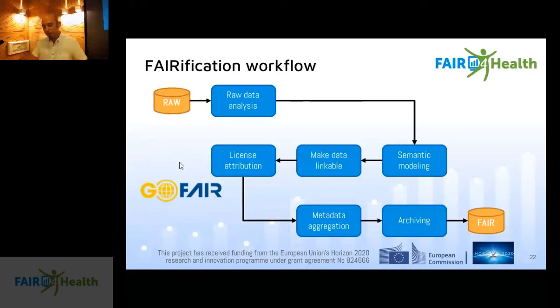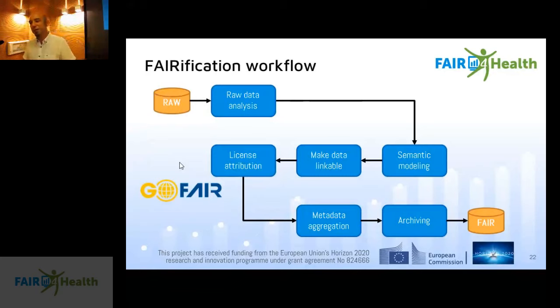Once we have the raw data, what we have to do is to access it and analyze which type of data we are watching. Afterwards, we must make a semantic modeling depending on the type of data we are using. We may use different terminologies. After that, we have to make this data linkable, so it could be accessed and browsed from other sources.